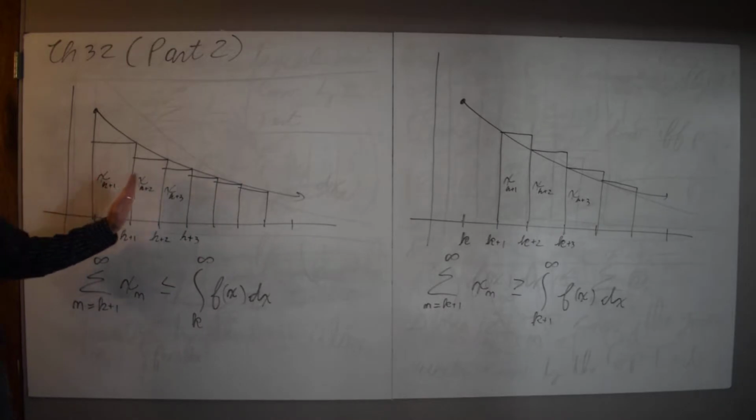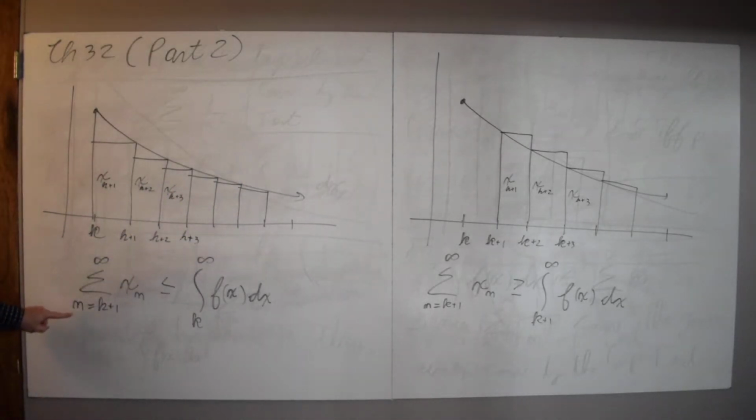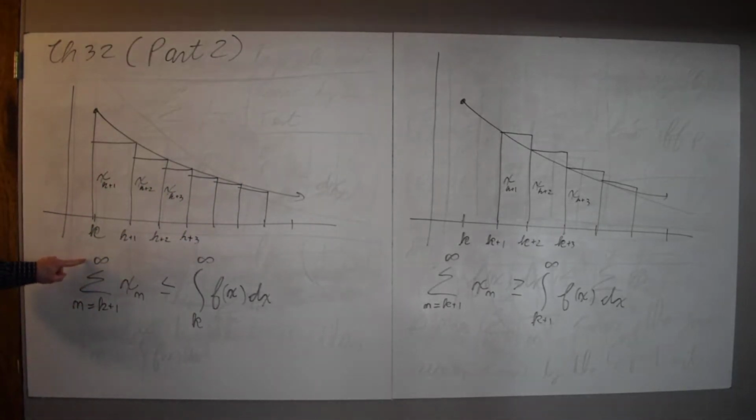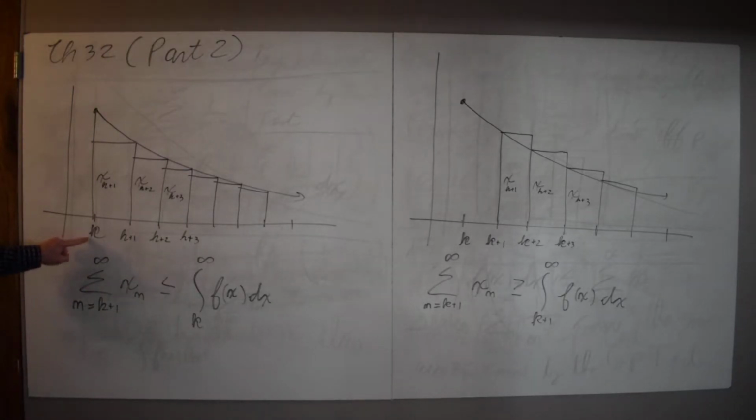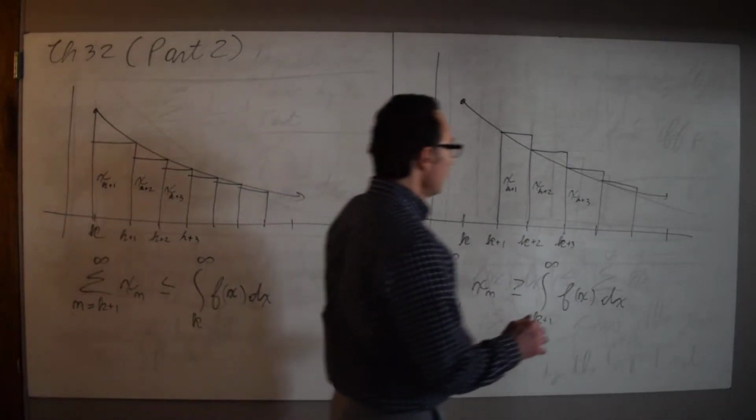And so when we look at this, we see that the sum n equal k plus 1 to infinity of x_n is less than or equal to the improper integral when we integrate from k to infinity of f of x.